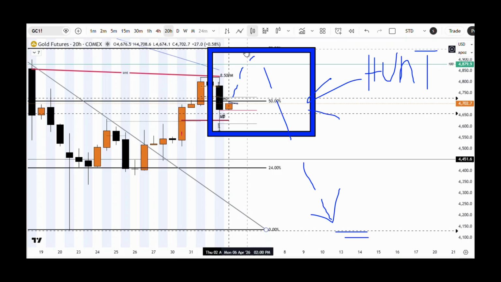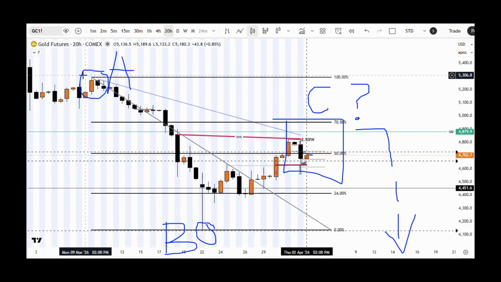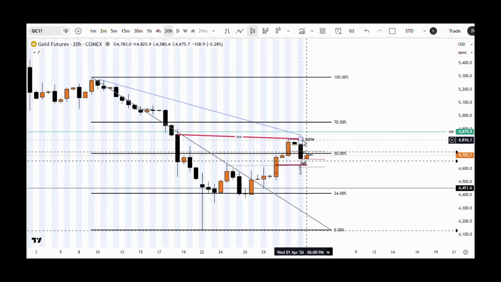So remember, point C, much larger move, point A, point B, point C. Point C always will terminate at the maximum, the 70% level. If it goes higher, it's not point C. So I'm hunting for my trade because overall, we are bearish.